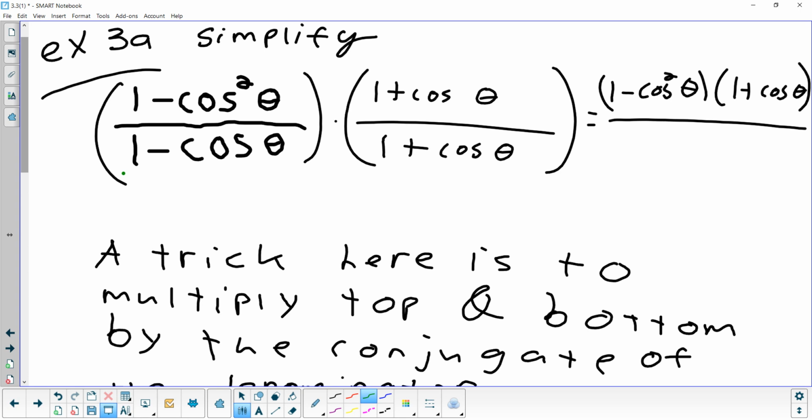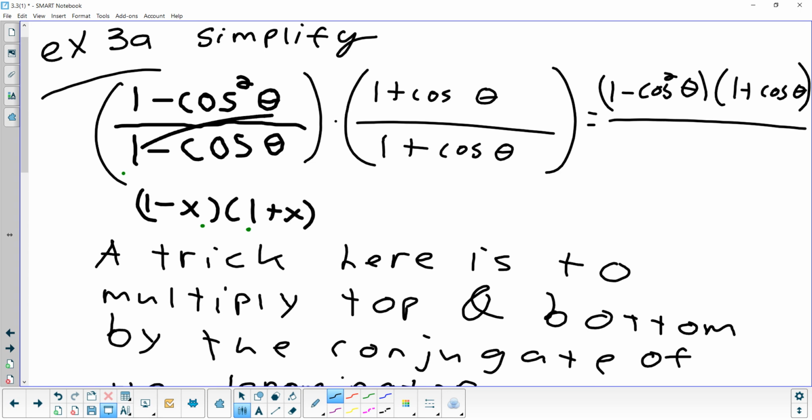Now the bottom, I do want to do that out. And when I do it out, we have to FOIL. It's just like basically multiplying 1 minus x times 1 plus x. If you can multiply these two together, then you can multiply the two above. It's exactly the same steps.